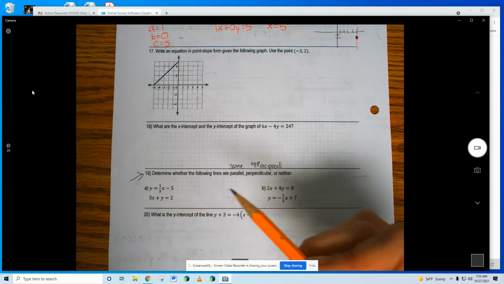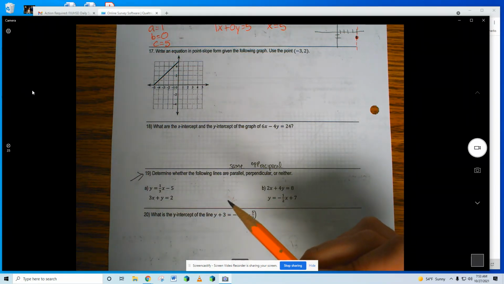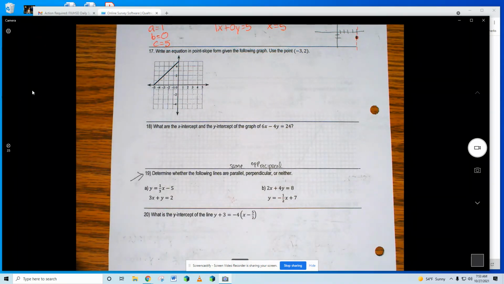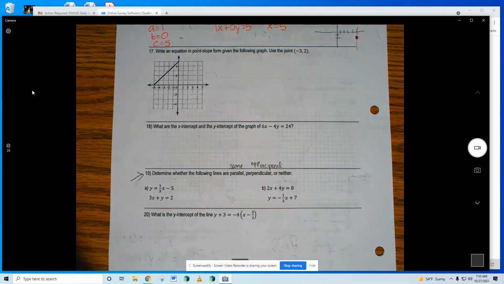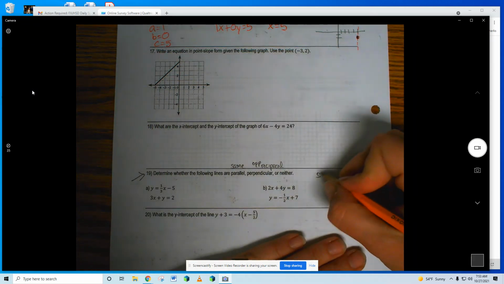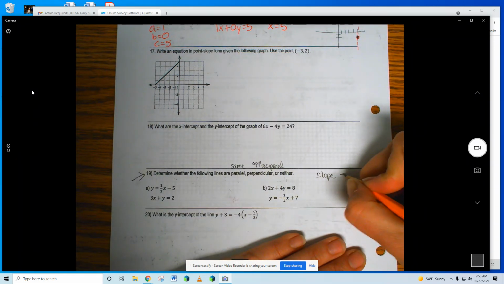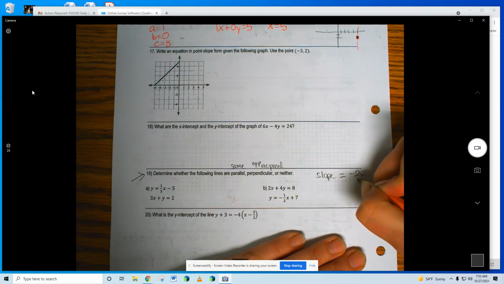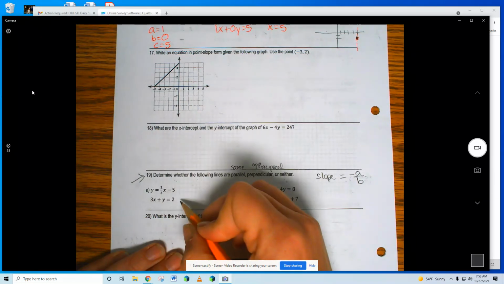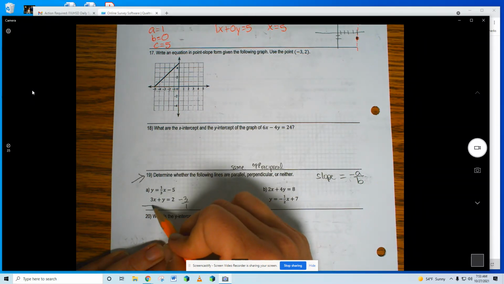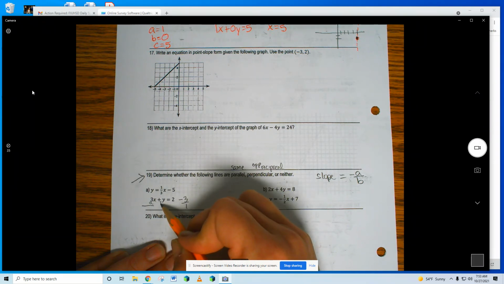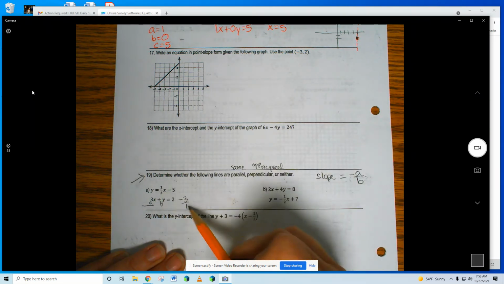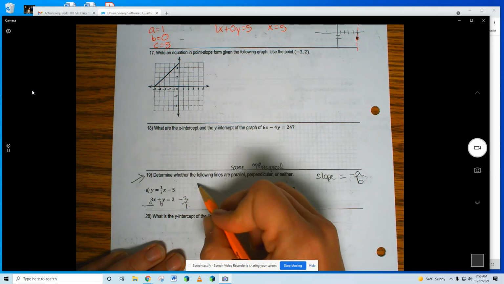I want you to remember that my slope is negative a over b in standard form. So negative 3 over 1 is my slope of this, a, b. So these two, 1/3 and negative 3, those are perpendicular.